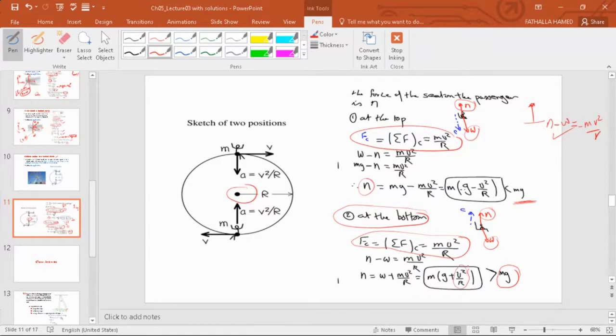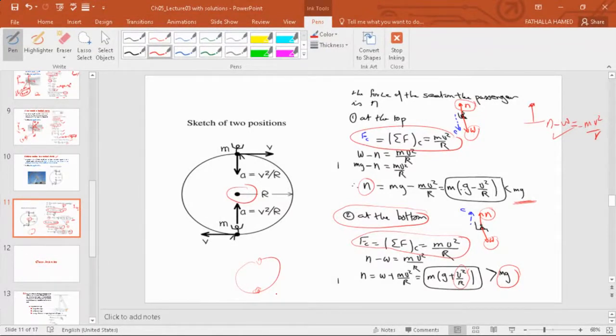And that becomes important if it's an aeroplane. In an aeroplane, especially fighter airplanes, they do loops and sometimes at higher speeds. So the seat has to be strong enough, especially if the pilot comes to the bottom of the loop, to support the weight. And that's the importance of this circular motion.